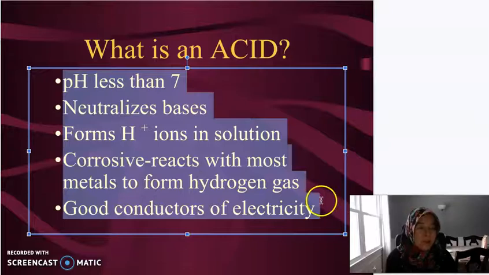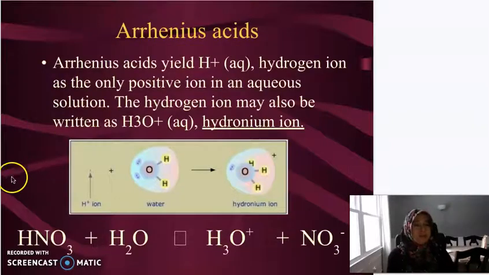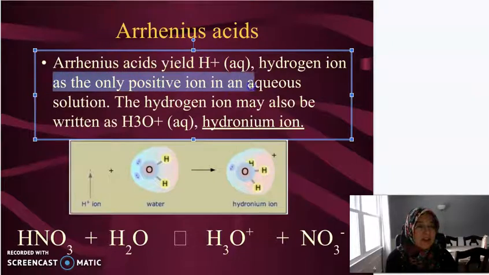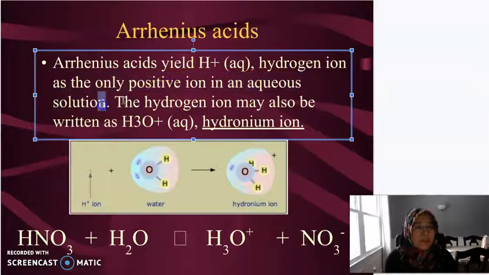These are all properties and definitions of acids, but if we want to use our Arrhenius theory, how are we going to define it? Arrhenius said acids yield hydrogen ion as the only positive ion in aqueous solution. This AQ means in water, which is aqueous solution.